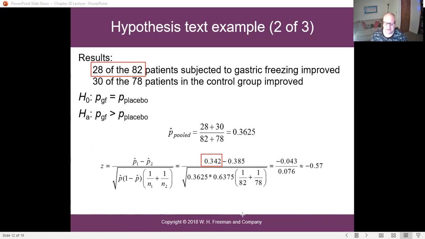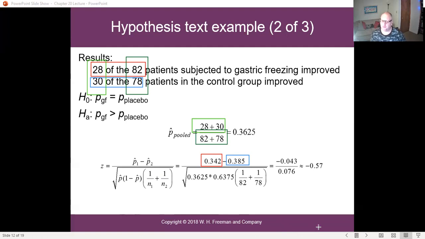Then if I go and figure out 30 out of 78, it's going to give me this figure right here. Right? All right, next, if I need to find p hat, then I need to figure out 28 and 30, which you see right here. And then I need to figure out 82 and 78, which is right here.